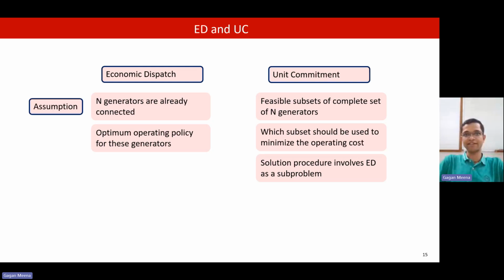So these are the differences between economic dispatch and unit commitment. We already saw that in economic dispatch the assumption is that all the n generators are already connected. They are all committed. If three generators are there, then for three generators, how many combinations are possible?